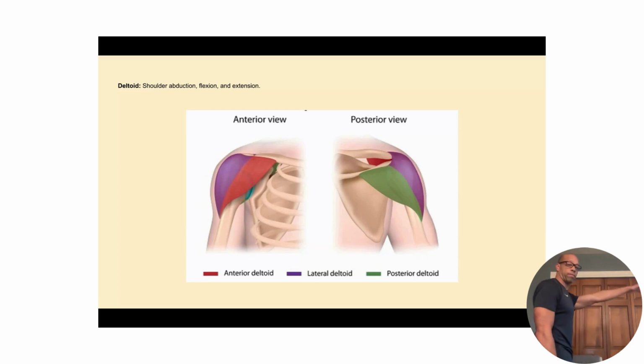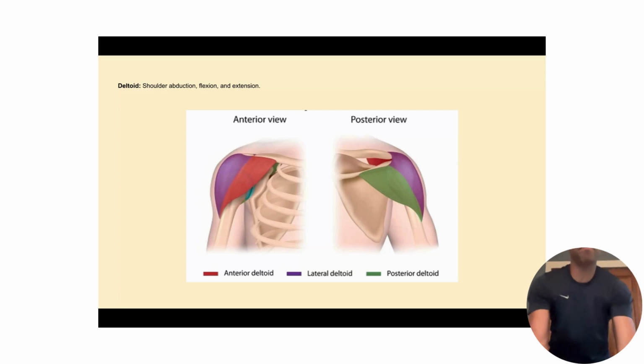This is flexion, and that's more the anterior or the front part of the deltoid. And it also does, if we're looking at the back part, from this position, it's going to help extend the shoulder as well. Okay, so flexion, extension, and abduction.